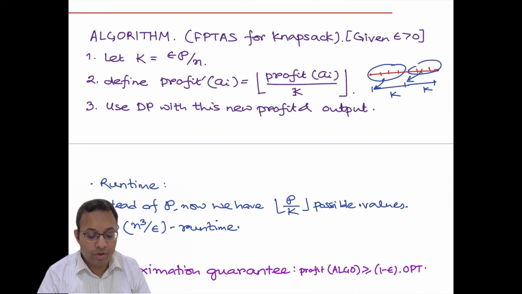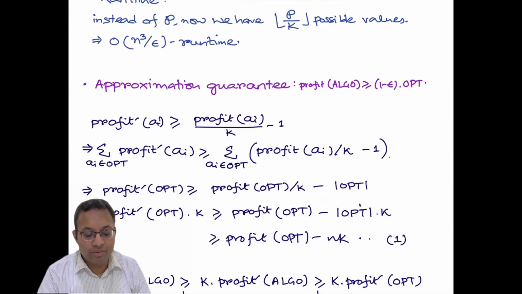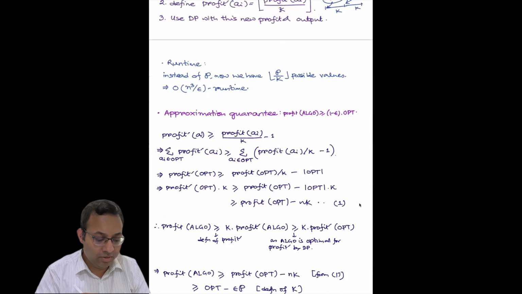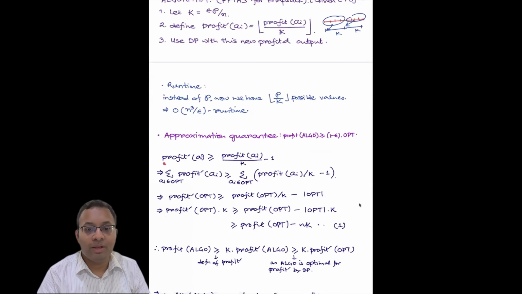Now the most important part, why it works. Why is the approximation guarantee at least, let's say, 1 minus epsilon times opt? So the first property is that profit prime of item i is more than profit of item i by k minus 1. Remember, this is a floor function. We are rounding down. So if we don't round down, this value can only grow.